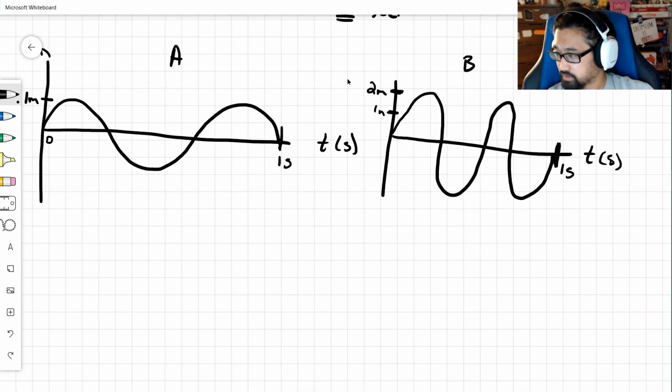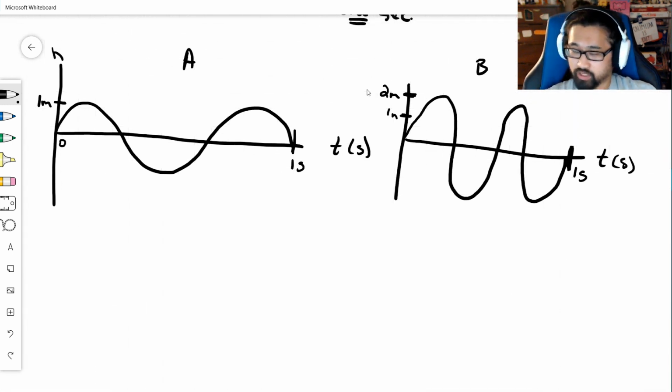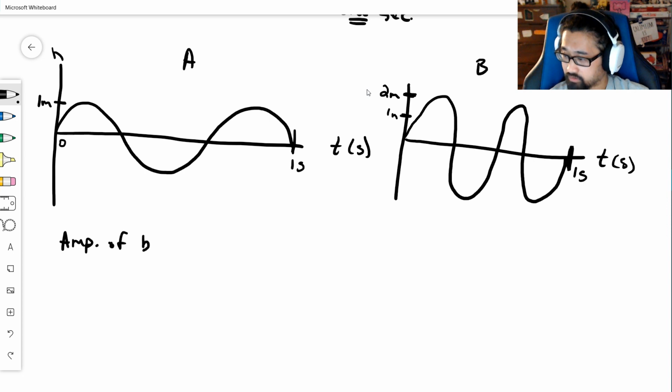Fairly common, like, comparison, or just identification, right? Identify the amplitude of both. Identify the frequency of both. And identify the period of both, right?